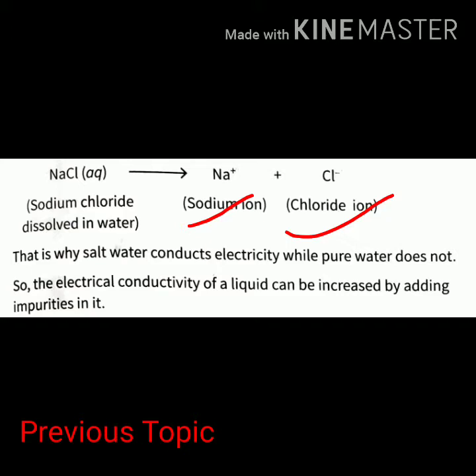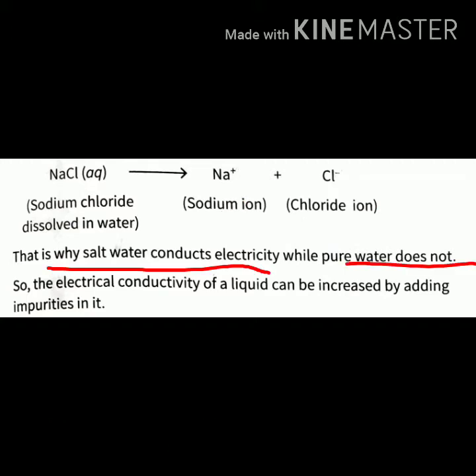Na positive is a sodium ion which is a cation and Cl negative is a chloride ion which is an anion. As sodium chloride is a salt in water, it is able to conduct electricity. But pure water is not able to conduct electricity as it cannot dissociate into ions.